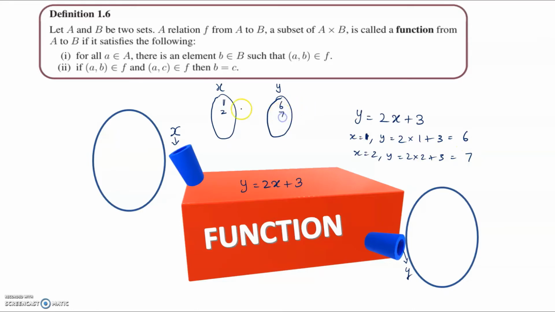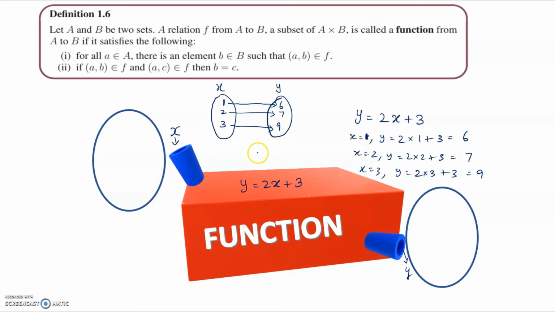So I can draw 1 is related to 5, 2 is related to 7. Similarly, if I put 3 here, then y will be equal to 2 times 3 plus 3, that is 6 plus 3 is 9.